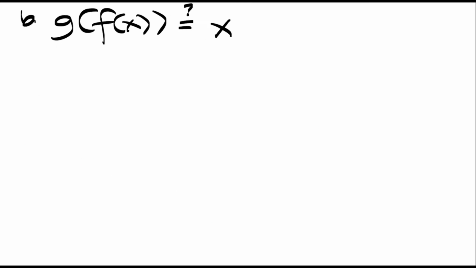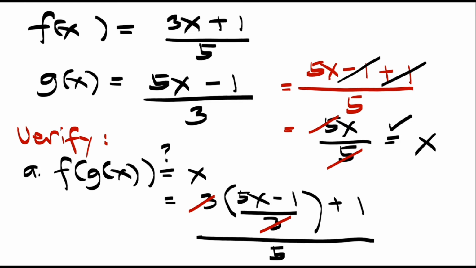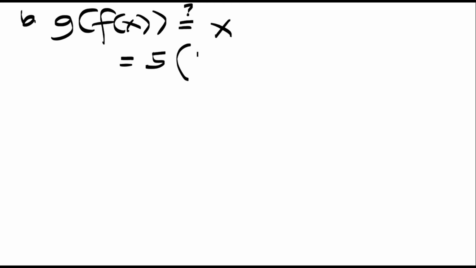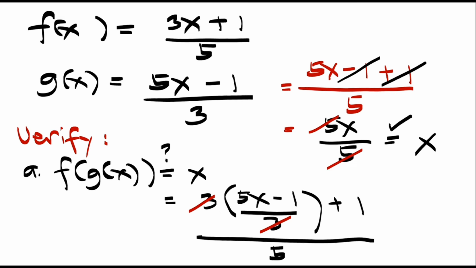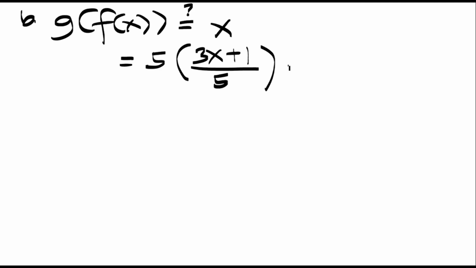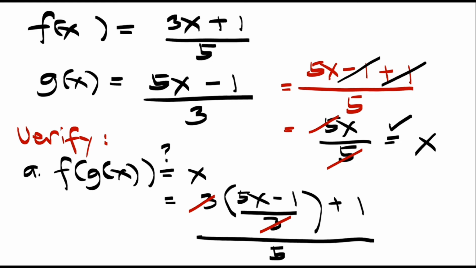So we have 5 times f of x, which is 3x plus 1 all over 5, and then we have minus 1 all over 3.